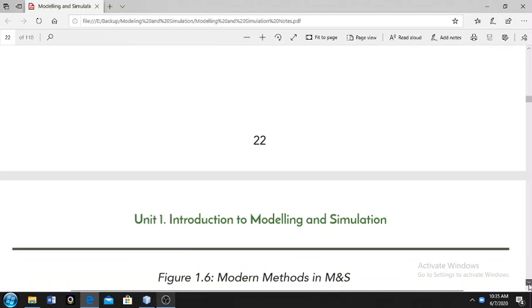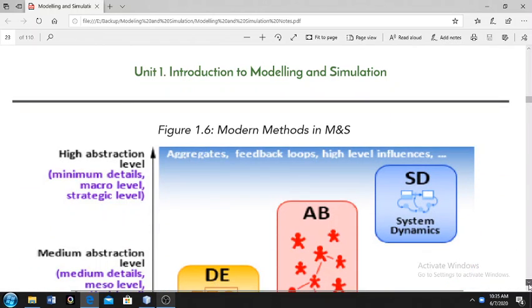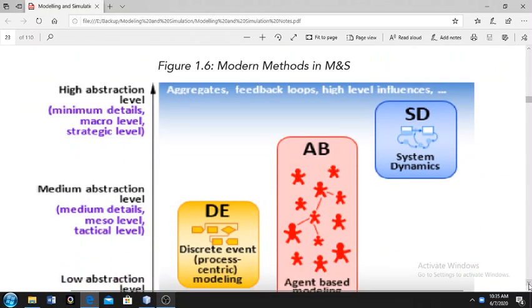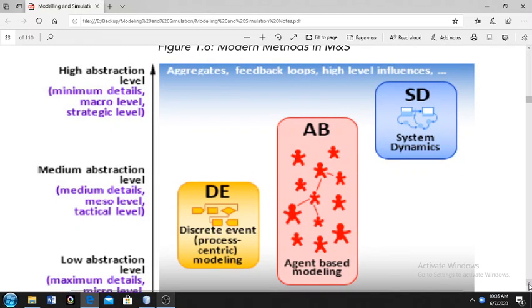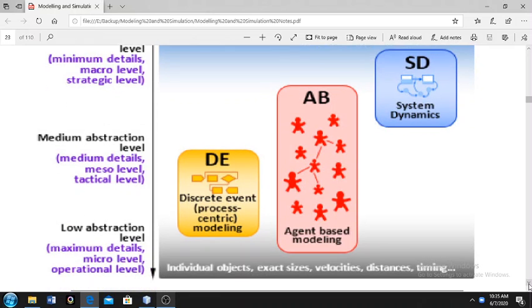Now let's see here. We have seen the different application areas of modeling and simulation. Now we are trying to advise which method to use in which situation.